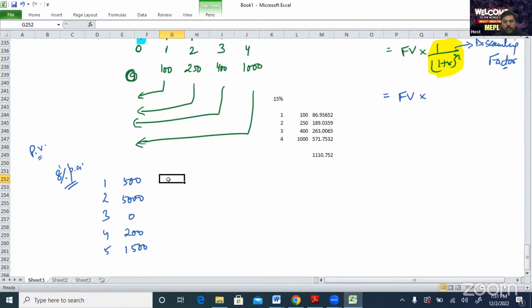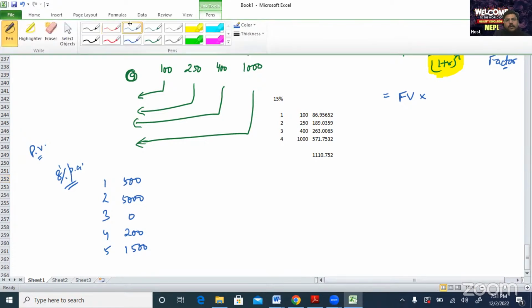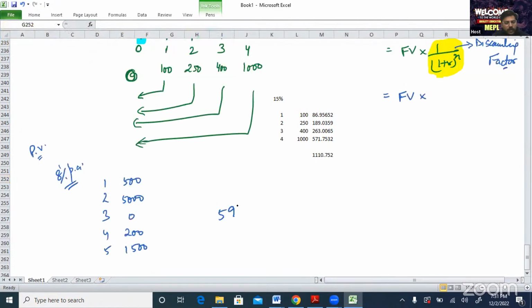On the NPV, I will press compute, CPT. So how much value is coming? 5917.53. That is my present value. So in this manner, I can have my present value for multiple cash flows.